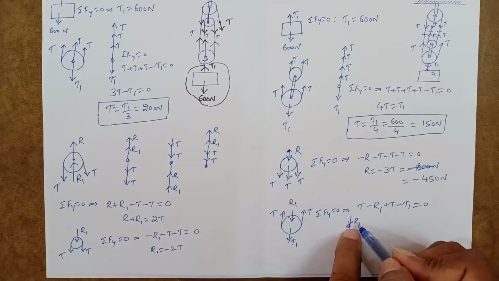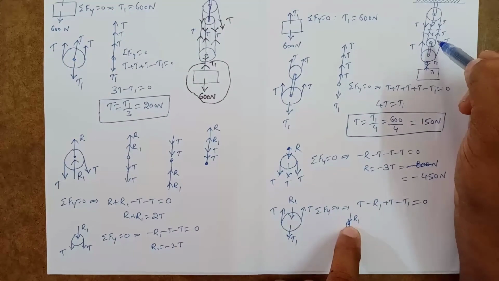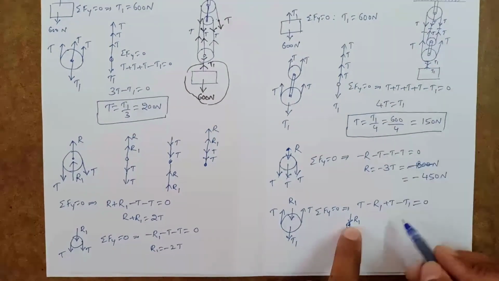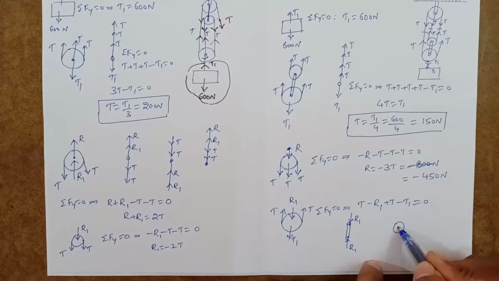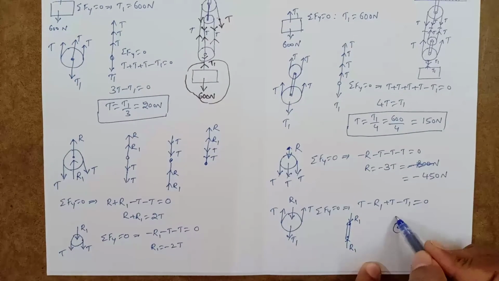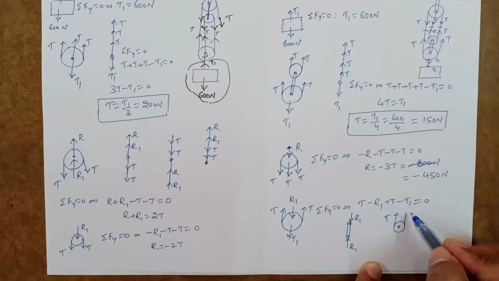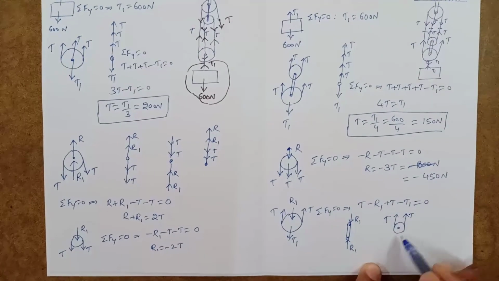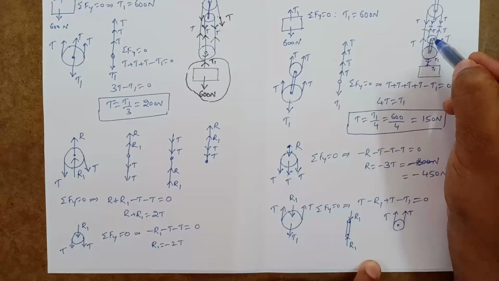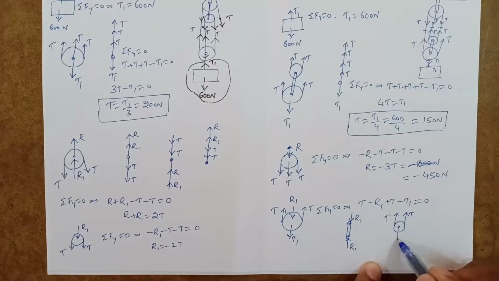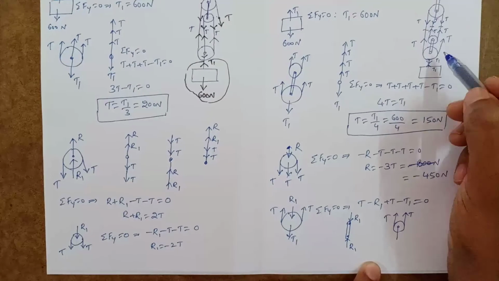This R1 is the force exerted by this smaller pulley. Now if you draw the free body diagram for this smaller pulley, here we have tension T and another tension T. Now this pulley is in contact with this support, so remove the support and show the reaction. Again here we cannot assume the direction of the reaction.